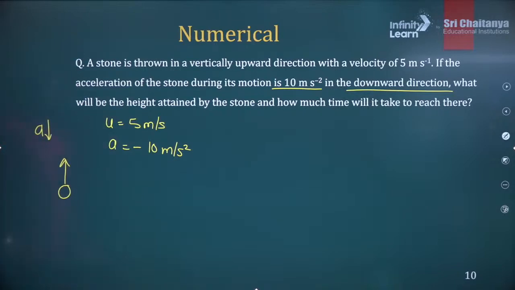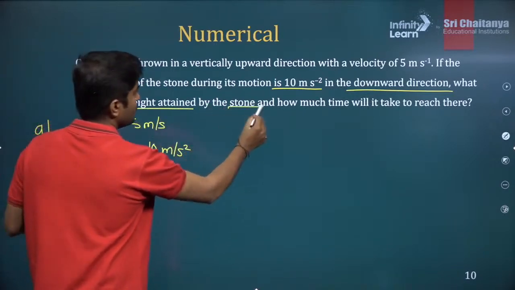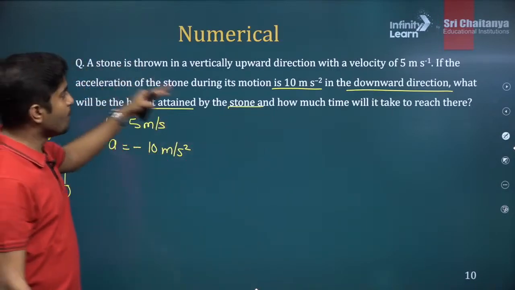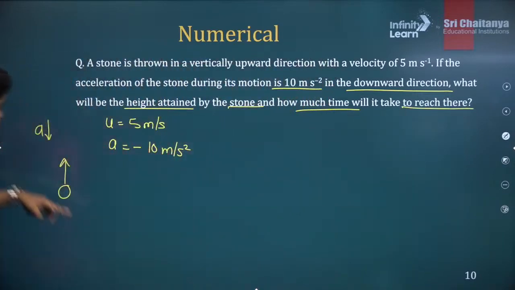So what will be the height attained by the stone, and how much time will it take to reach this height? The stone will go to the maximum height. It will go up and finally it will stop.